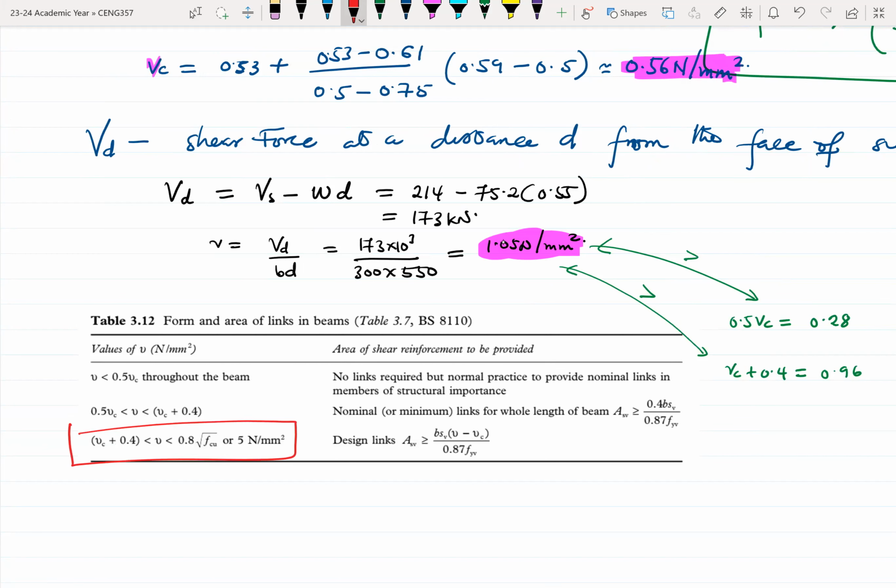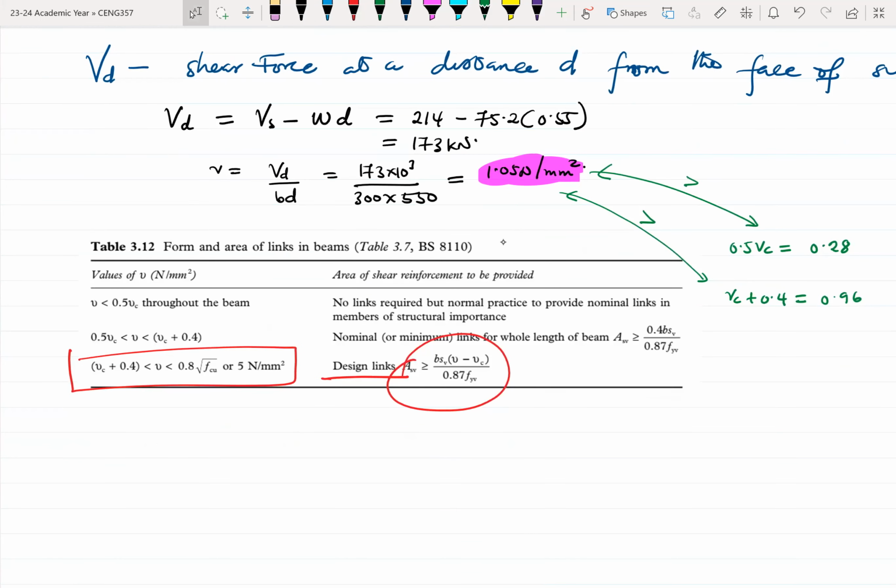With the third option, we need to design shear links. And here is the equation to design the shear links. We need to find ASV over SV, which will be equal to B times V minus VC over 0.87 FYV.